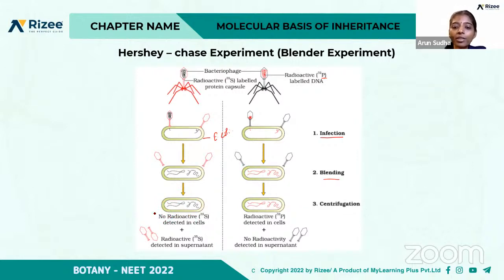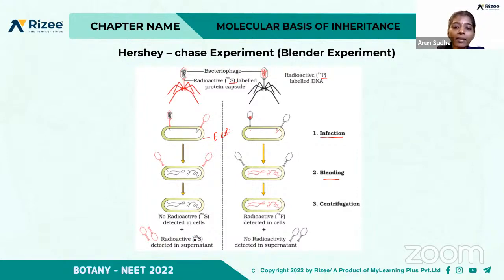After centrifugation, no radioactivity is detected in cells in this set of the experiment, which was treated with S35 label. If you check inside the cells, no radioactivity was observed because the S35 will be present only in the protein, right? These proteins are present only outside and are not entering into the cell.